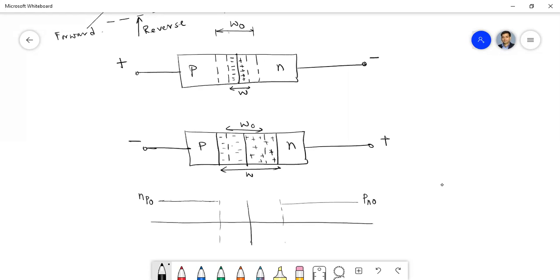That means the concentration of the hole in N due to the thermally generated carrier. That concentration or density doesn't remain constant with respect to the length. So it changes like this.